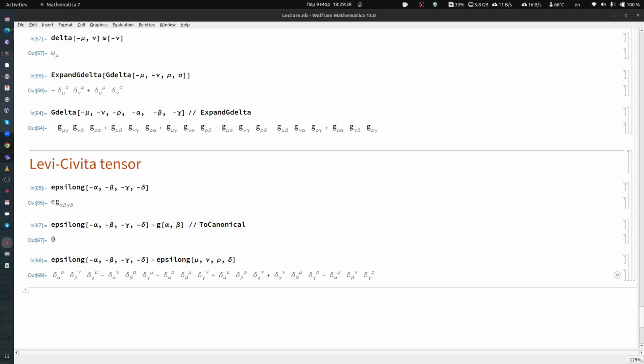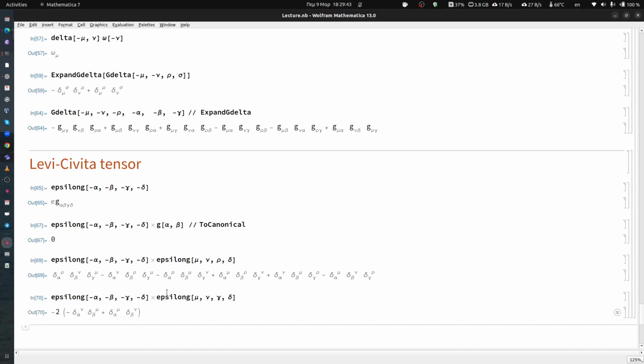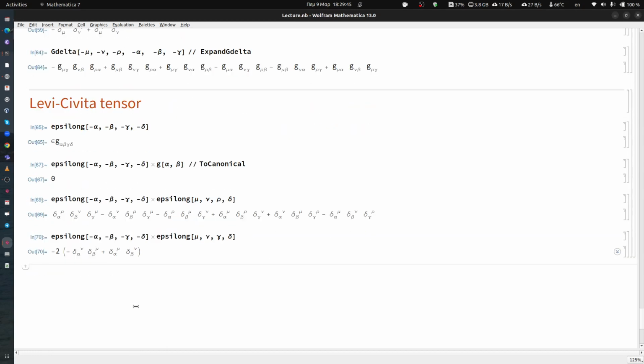So let's contract more indices. Now the expressions are simple, but of course lots of calculations have been performed to arrive to this result. Contract three indices, beta, gamma, and delta.